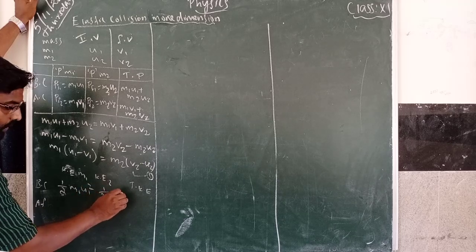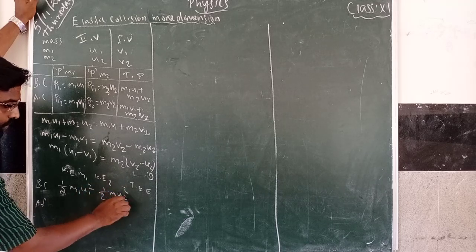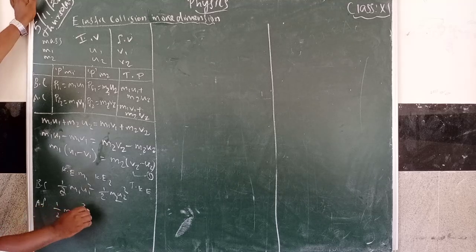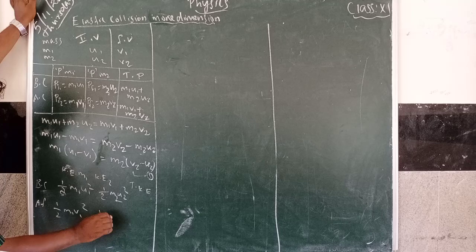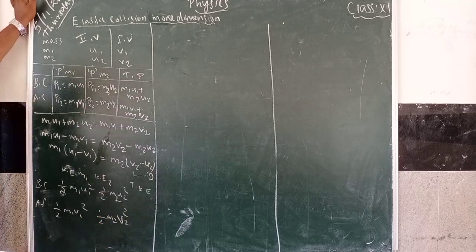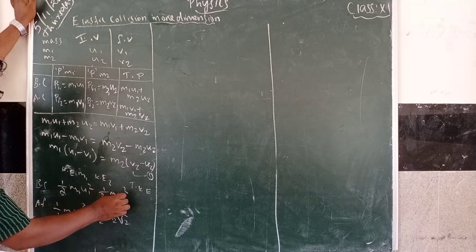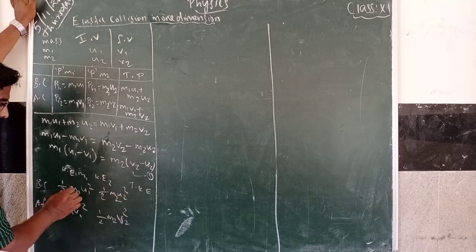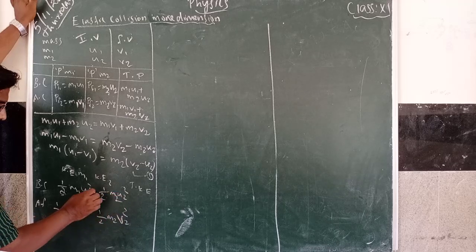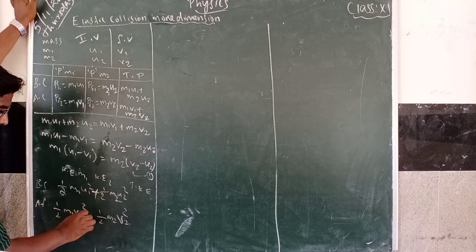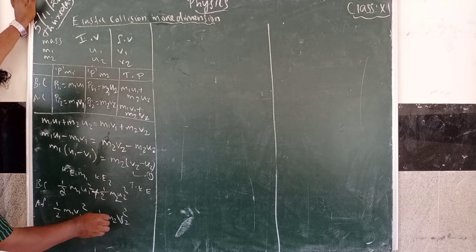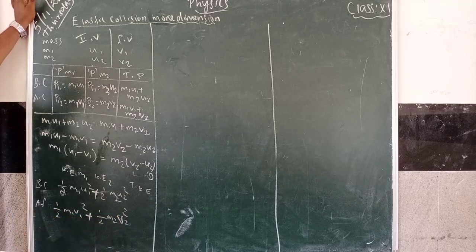After collision, half m1 v1 square and half m2 v2 square. Then the total, you just add these two: half m1 u1 square plus half m2 u2 square before collision, and half m1 v1 square plus half m2 v2 square after collision.